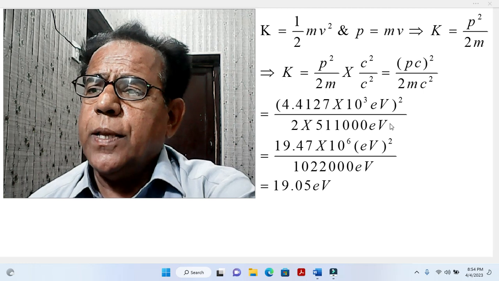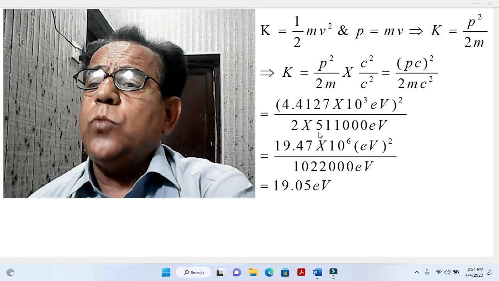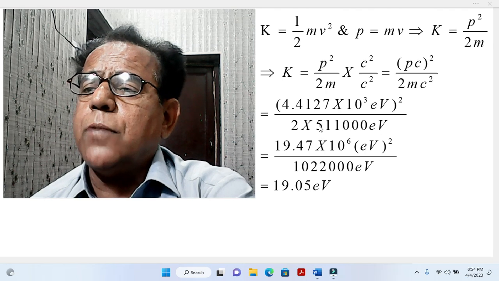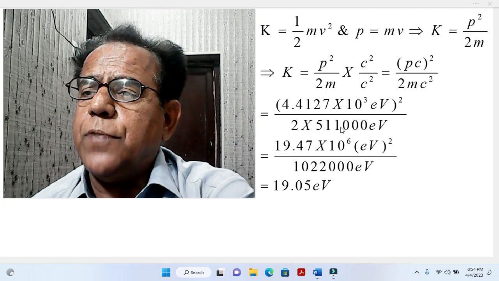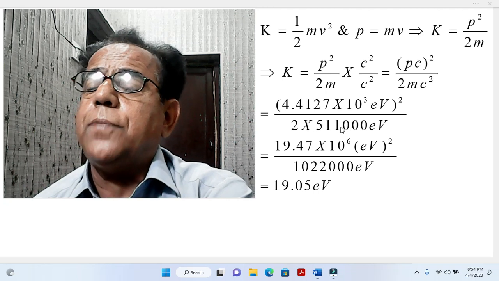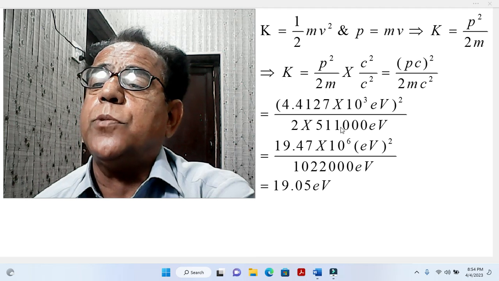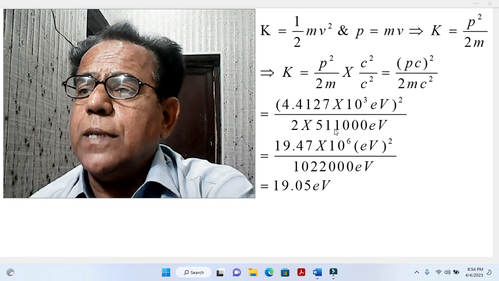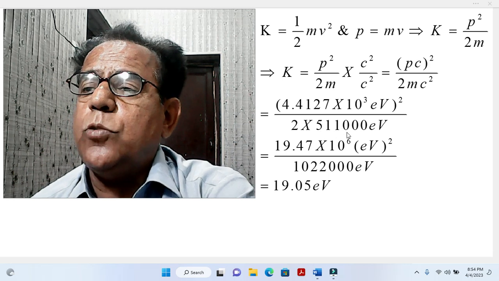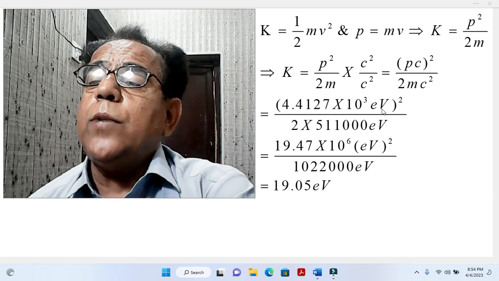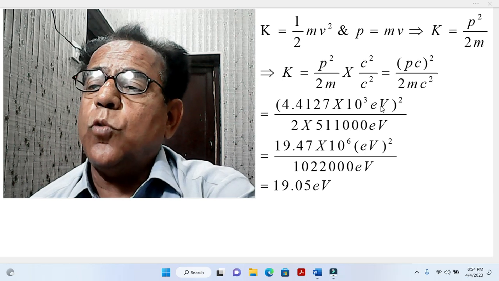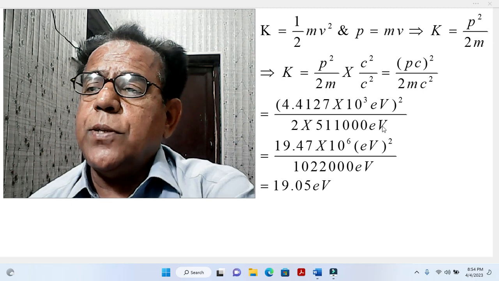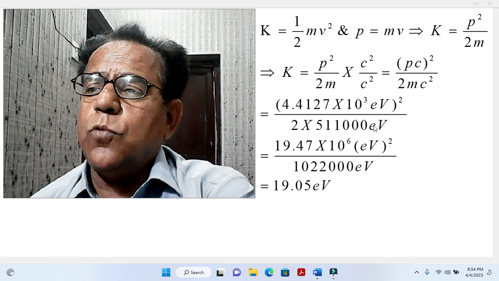In that table, the value of mc square for electron is given in million electron volt, that is 0.511 million electron volt, but here we are using that value in terms of electron volt. So in place of 0.511 we are using 511000, because in the numerator there is a square of electron volt, and in this way when electron volt appears in the denominator, then one electron volt will be cancelled.